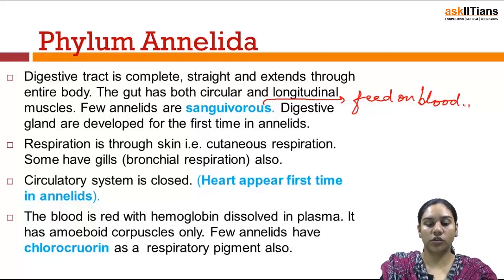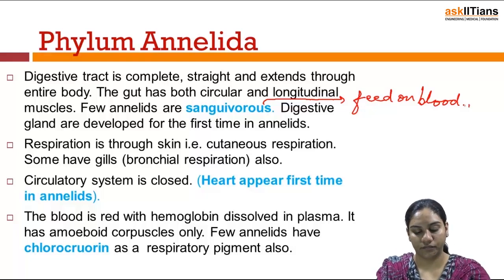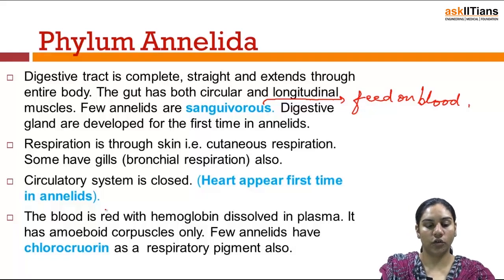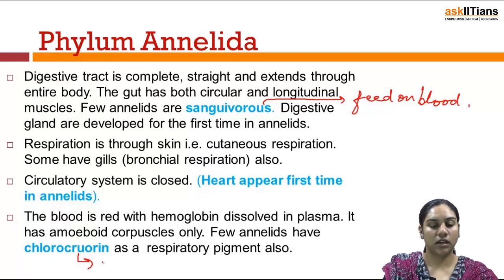Some annelids also show another pigment known as chlorocruorin, which is a respiratory pigment. Chlorocruorin, in a few annelids, is an oxygen binding heme protein.